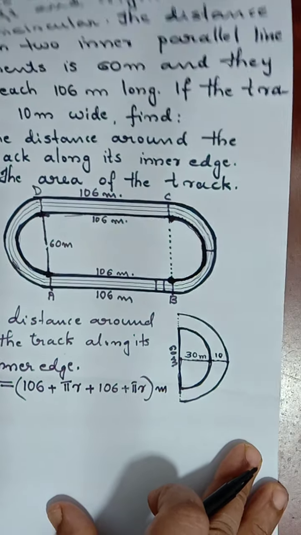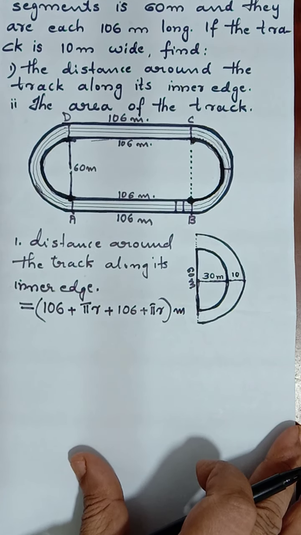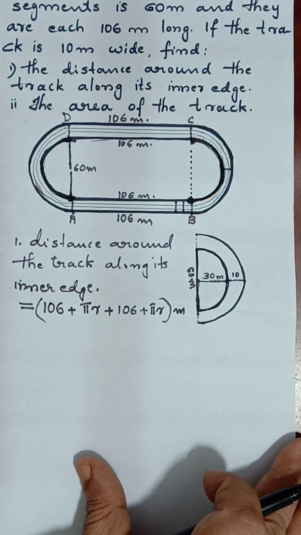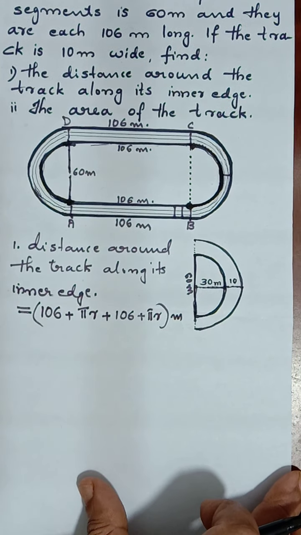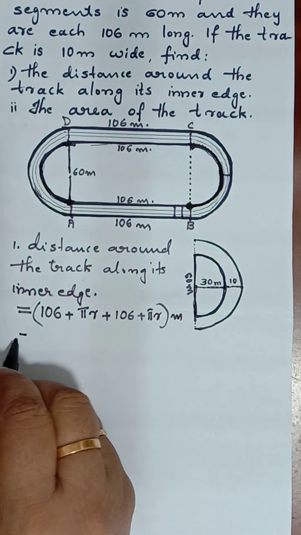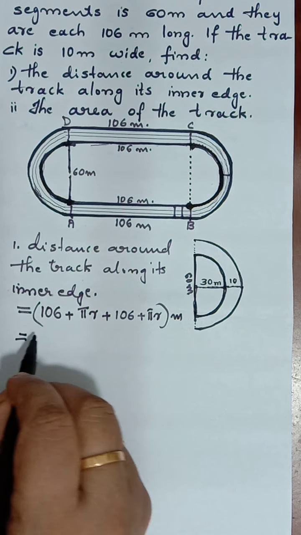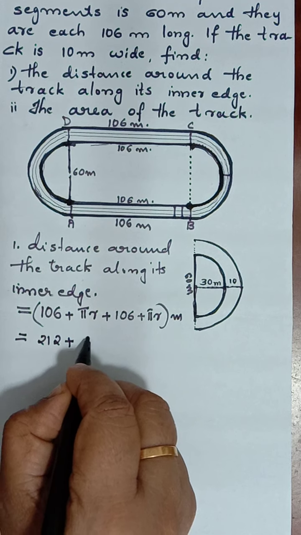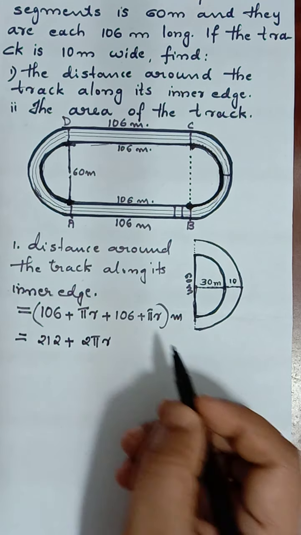Now let us substitute the radius as well as the pi value. How much will we take as pi? 22 by 7 itself we will take. So let us see how to do it. 106 plus 106 is 212, plus pi r plus pi r is 2 pi r.